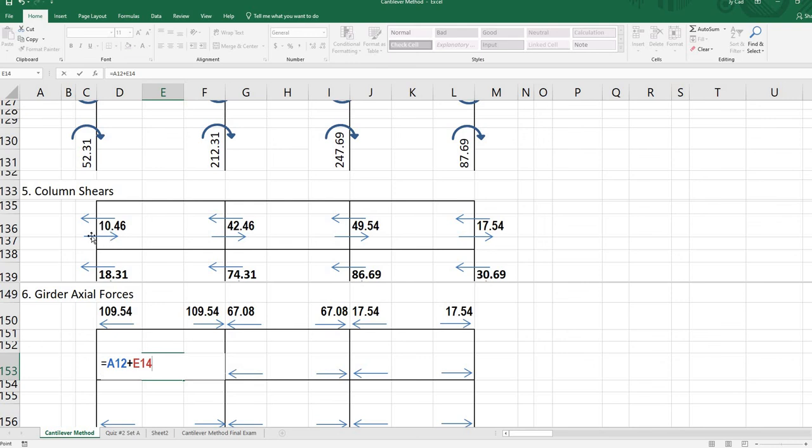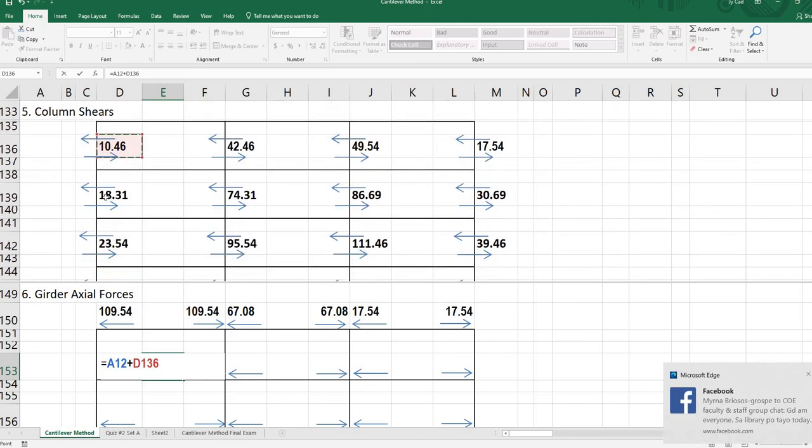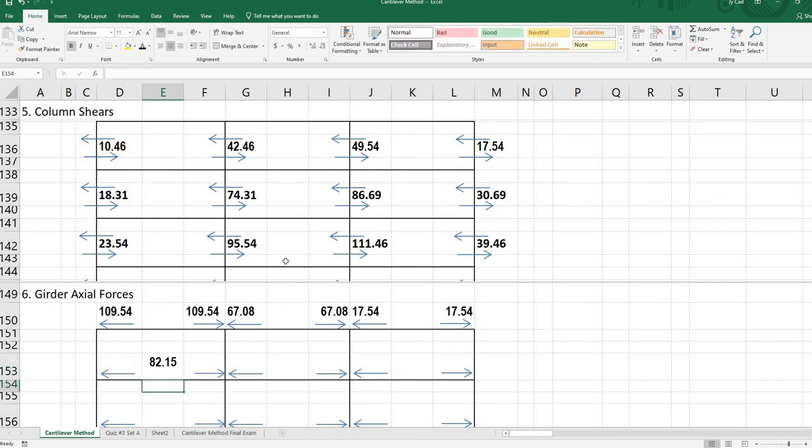Take note na si 10.46 is acting rightwards, kaya plus din siya. And then si 18.31, with respect to this node, this is acting directed to the left. So minus 18.31. Okay, 82.15. Now let us unhide. Yan. Tama. And then, ito naman, this is 82.15 also.